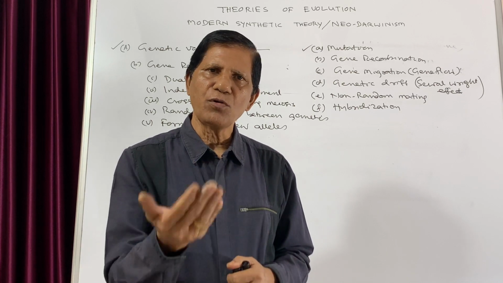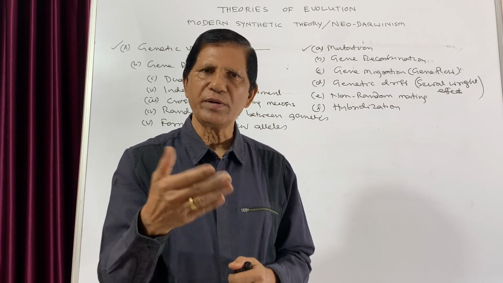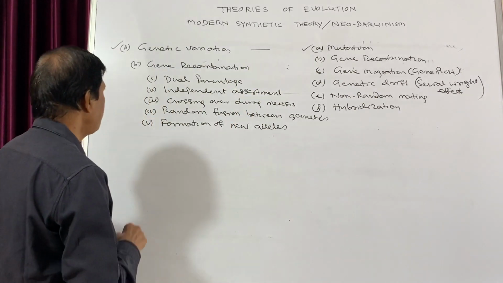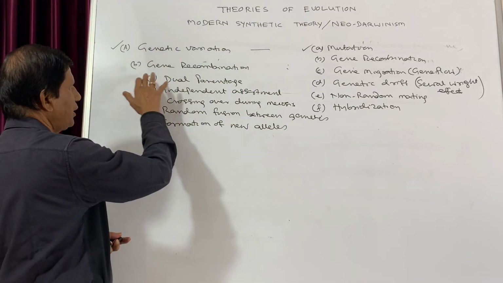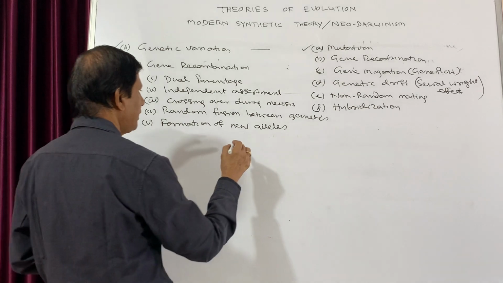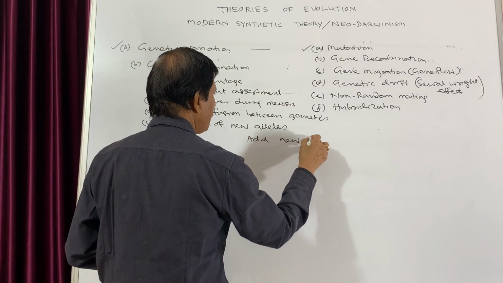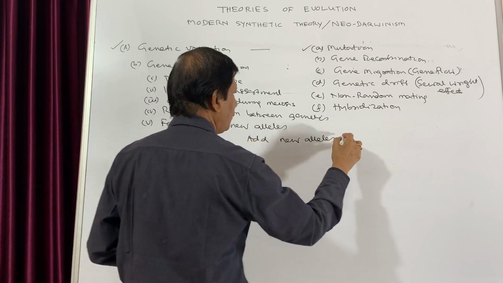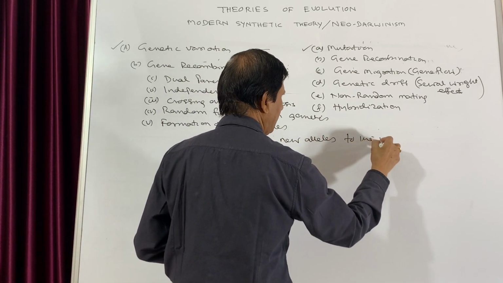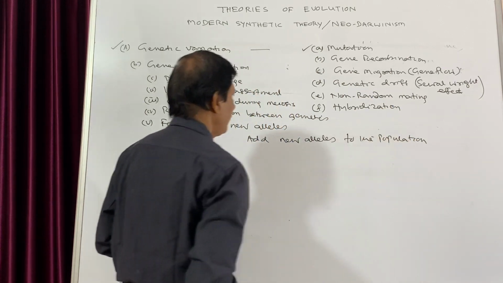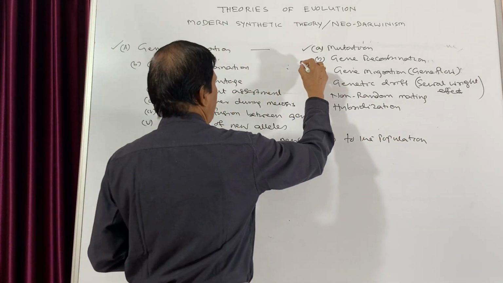So, if there will be more alleles, that will add to variation, which will lead to evolution. So, these are some of the reasons under gene recombination which add new alleles to the population. So now the second point is over.